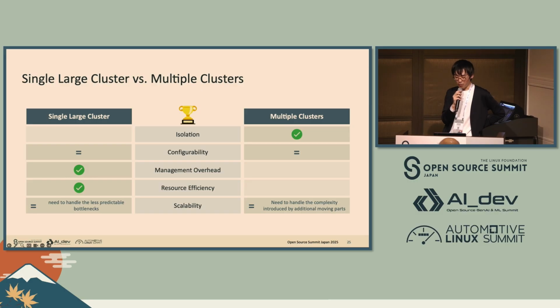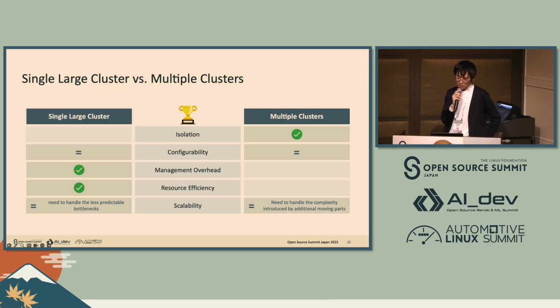Finally, let's compare scalability. This is about which model can grow more easily when we build a large platform. In this area, neither model is strictly better. Each has different kinds of scalability challenges.